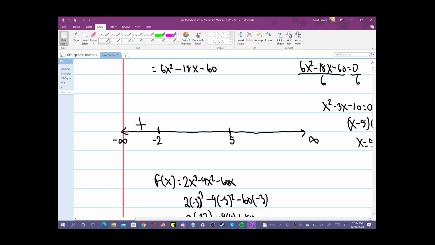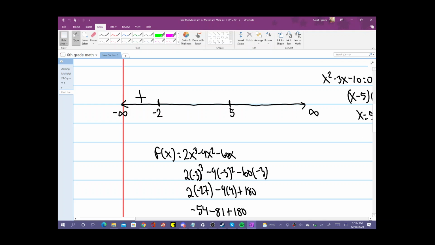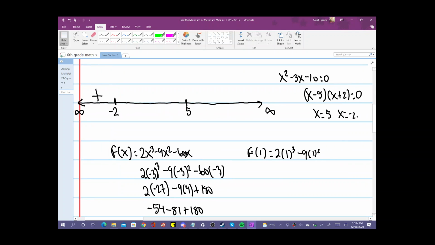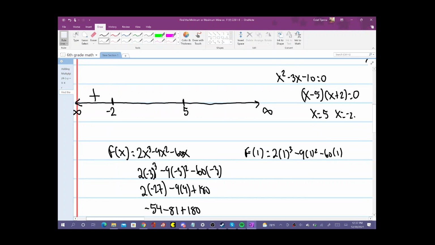What about from negative 2 to 5? If we put x equal to 1, again we're going to do the same thing. F of 1 is 2 times 1 cubed minus 9 times 1 squared minus 60 times 1.